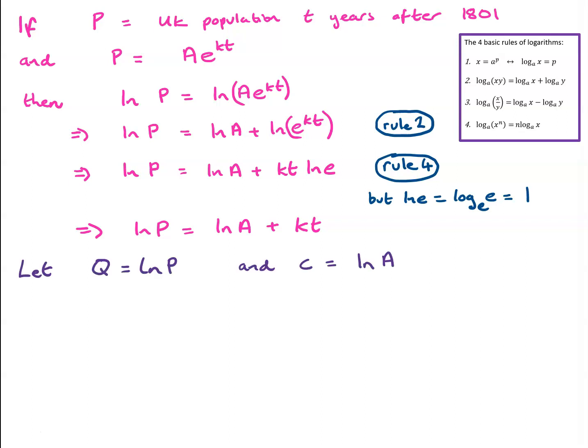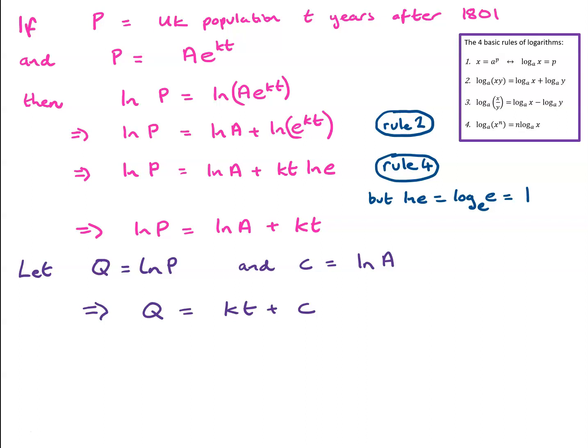Now for a moment or two, let's put q equal to the natural logarithm of p, and let's have c equal to the natural logarithm of a, in which case our equation, natural logarithm of p equals natural logarithm of a plus k times t, becomes q equals kt plus c.